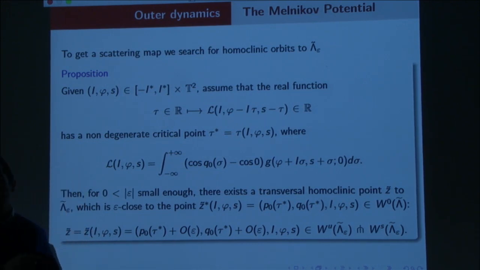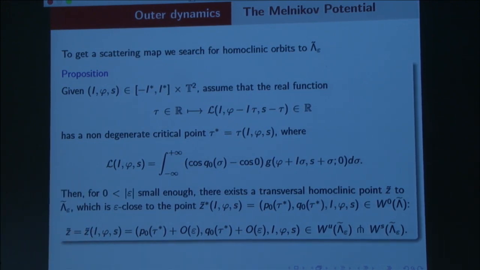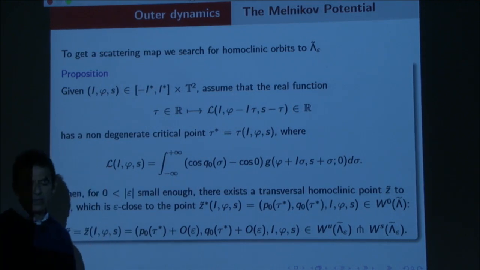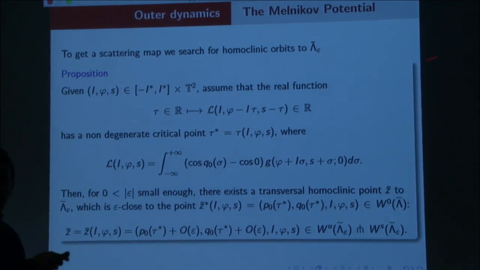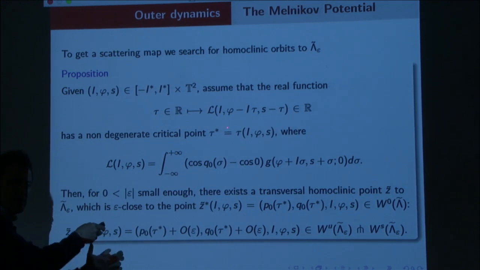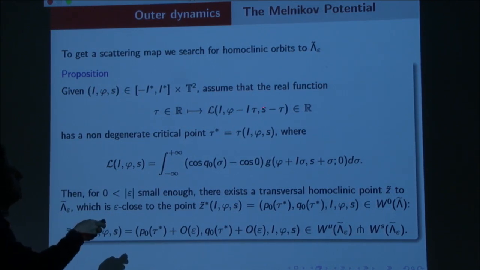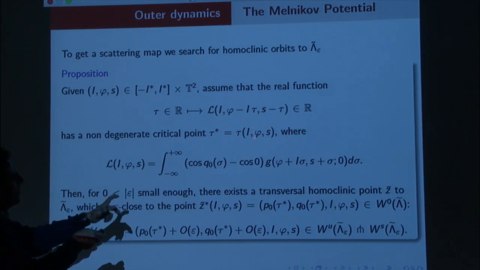But for practical purposes, maybe not all of them are very useful, because if you spend a long time going outside before coming back, they are not as interesting as the first or closest maximum or minimum. In principle we are going to consider the closest ones. So indeed this means that in this Melnikov potential there will appear maxima and minima, and typically they will be non-degenerate, and this is what we are going to study in this case.